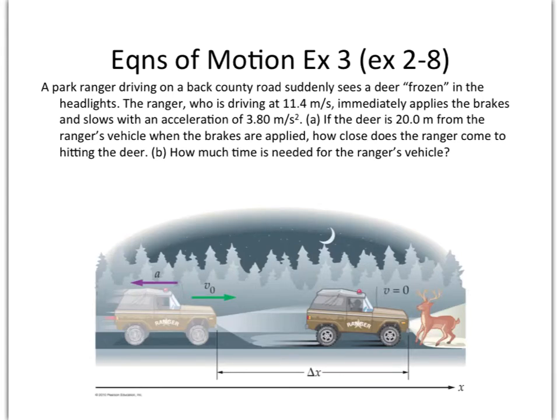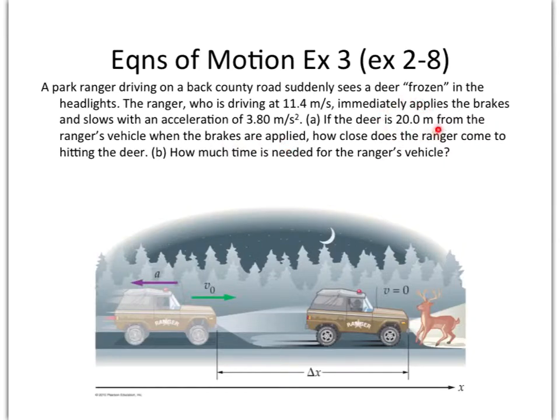This is example 2.8 in our chapter 2 chapter on kinematics, and this one deals with a park ranger driving his Jeep or whatever the case may be, and he sees a deer ahead. Now, there's an interesting thing about this problem. It's just the way that it's worded. We're told that the deer is 20 meters from the ranger's vehicle when he sees the deer, or I should say at least when the brakes are applied.